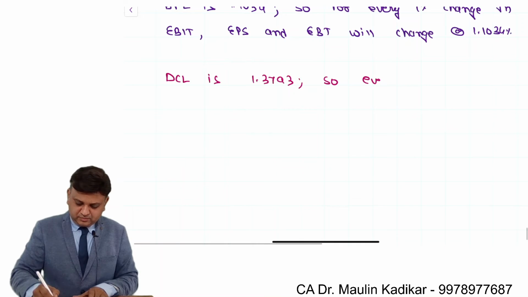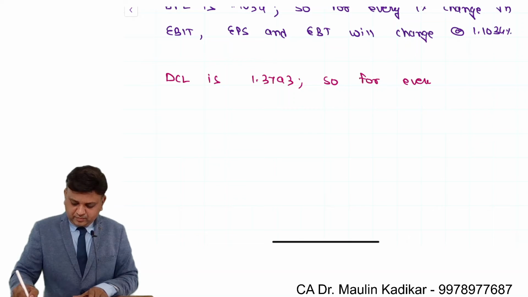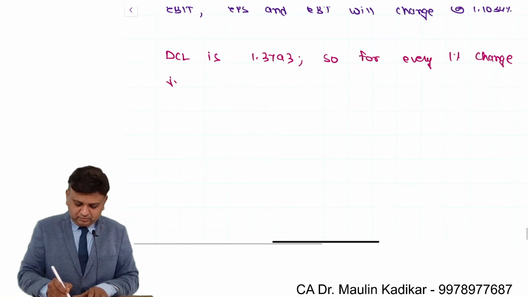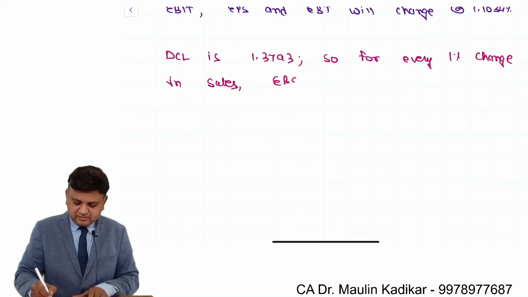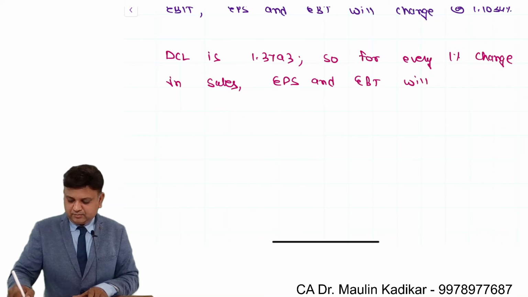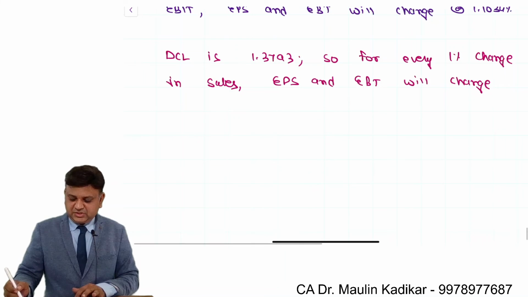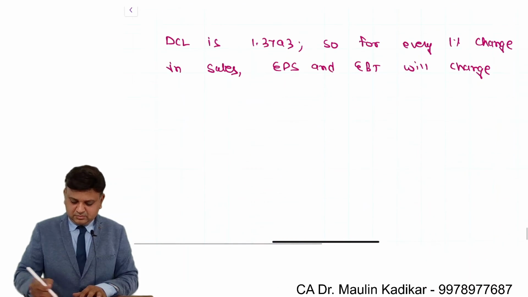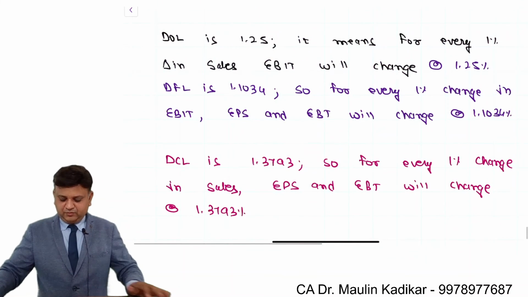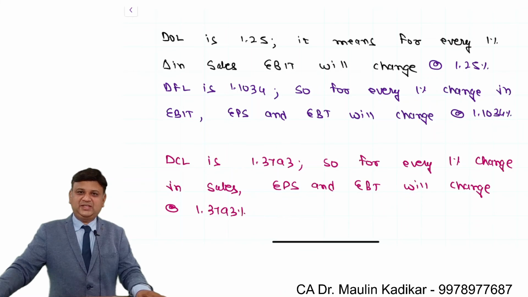So for every 1% change in sales, EPS and EBT will change at the rate of 1.3793%. Full stop. This is what we understand.